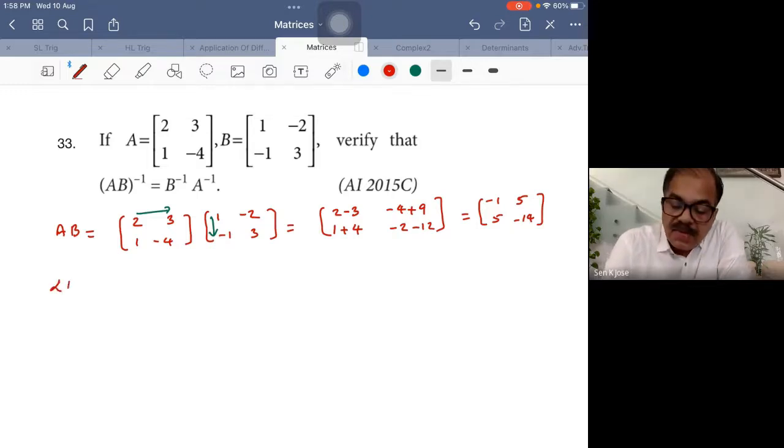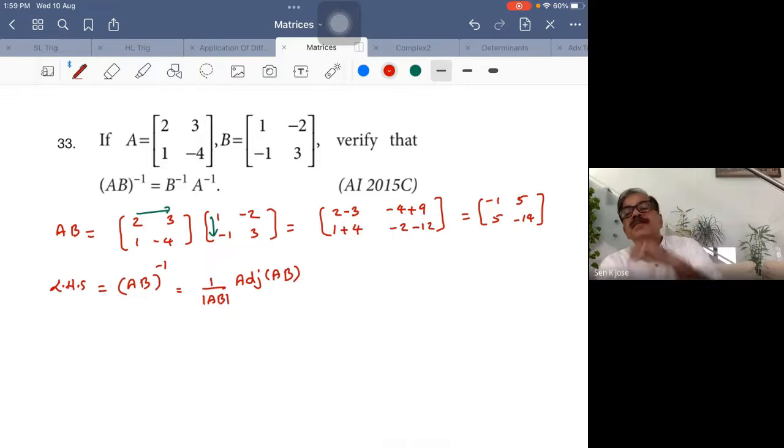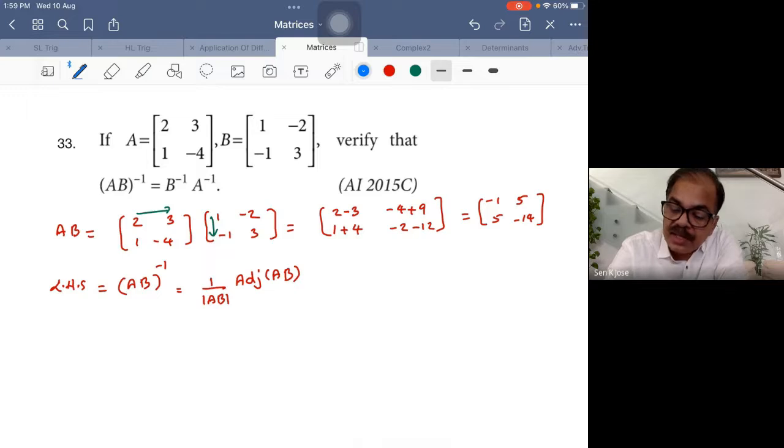So now I can work out the LHS. LHS is AB the whole inverse. To do AB the whole inverse, the formula is 1 by determinant AB into adjoint of AB. So I will need determinant of AB.